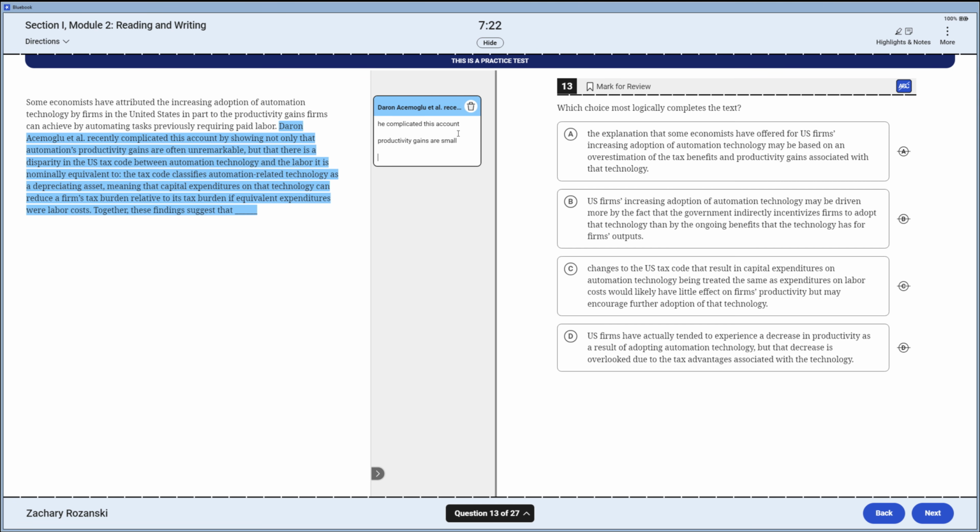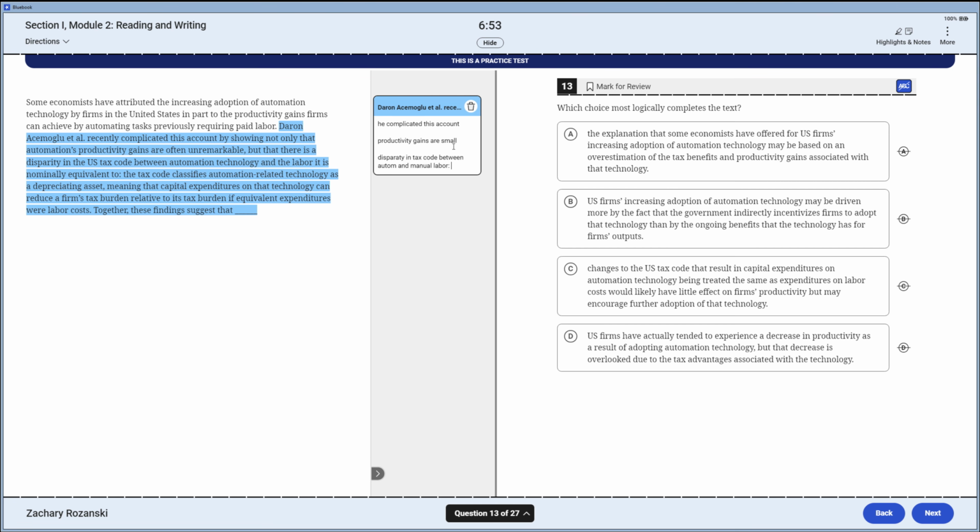But there is a disparity in the tax code between automation and manual labor. Okay. This colon is going to tell me what that means, which I'll appreciate.